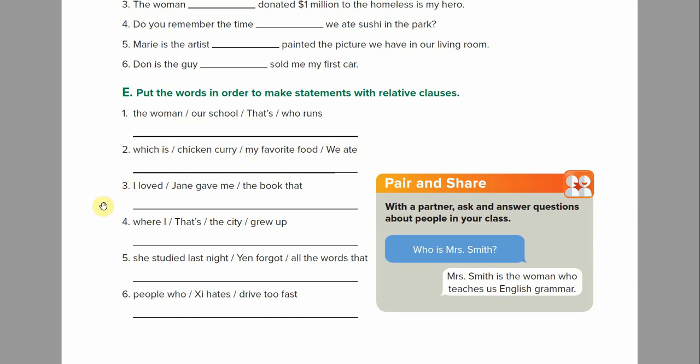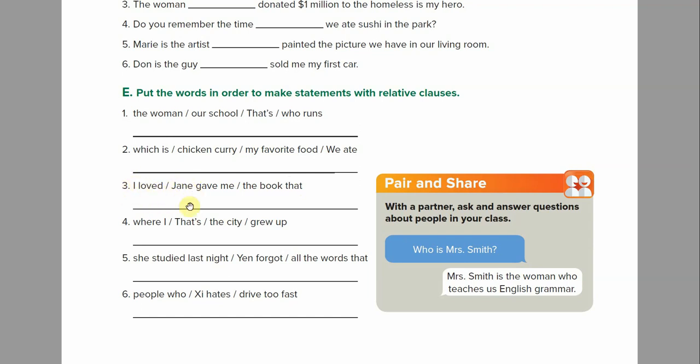Number three. This I is capitalized, but remember, I is always capitalized. This J is capitalized as well, but remember, Jane is a name. It's a proper noun, and proper nouns are always capitalized as well. So now we have a decision which one we need to put first.